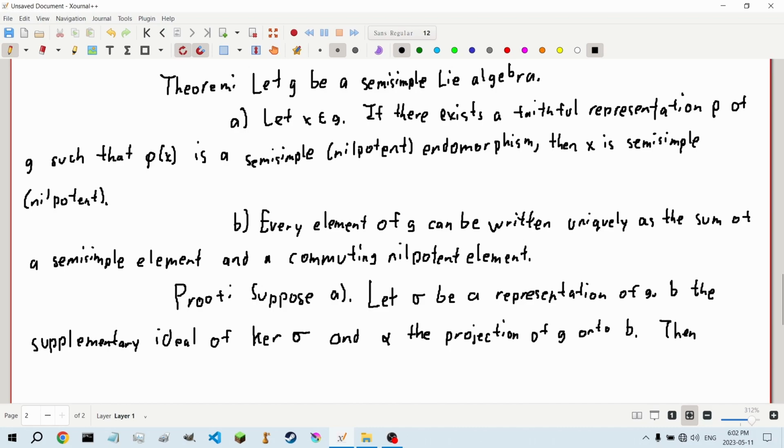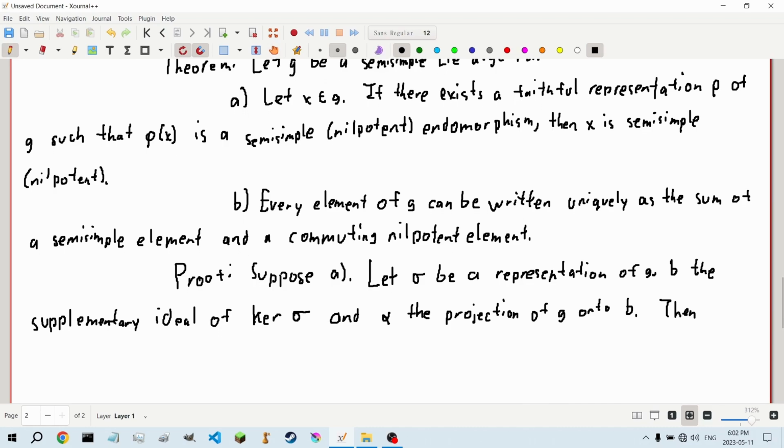Then we have that the adjoint of X is semisimple, respectively nilpotent, by our corollary.